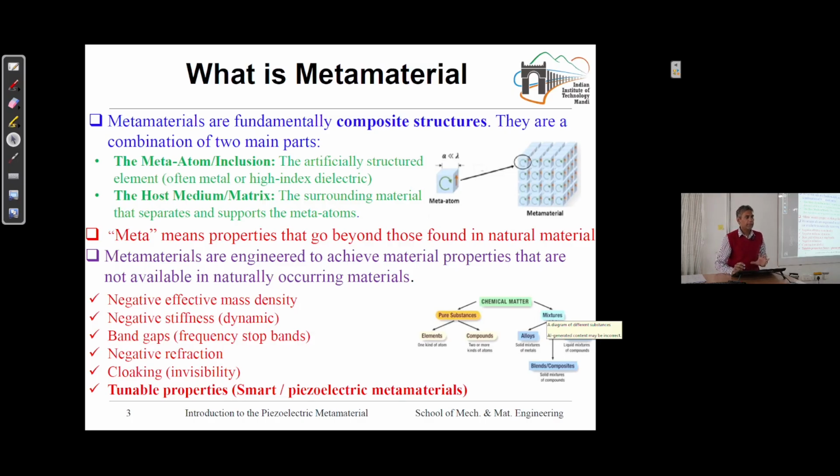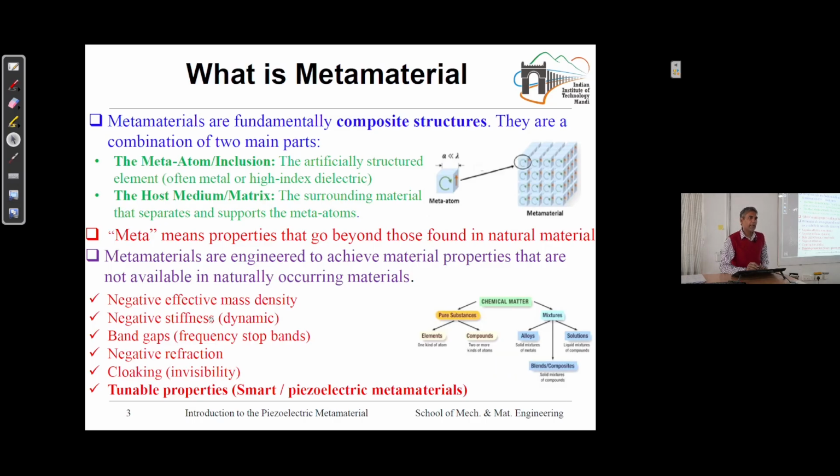What chemical constituents are in the material, based on that the property depends. But sometimes we need unusual properties that are not available in natural materials, then we can use the metamaterial. An example of unusual properties is negative effective mass density.